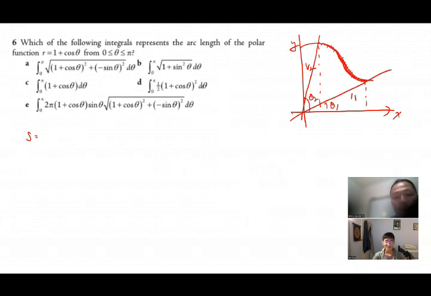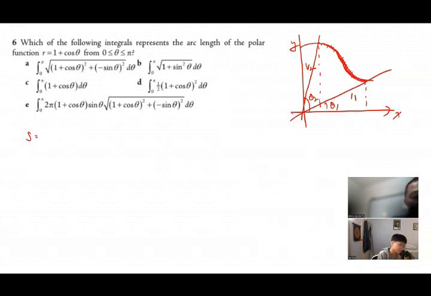Okay, then you have to jot down the formula I'm giving you, so you can memorize it. It's a very simple equation, and all you need is to plug the r equation into this formula.